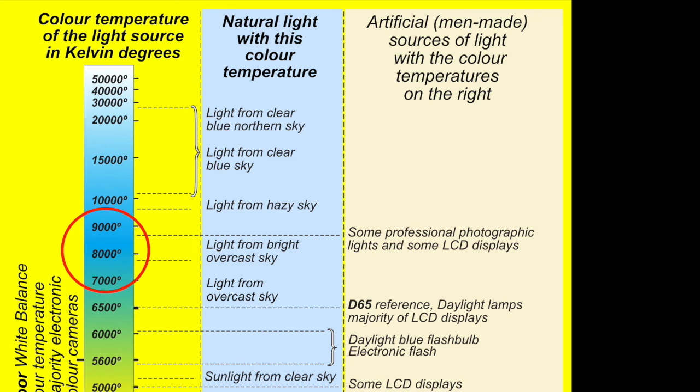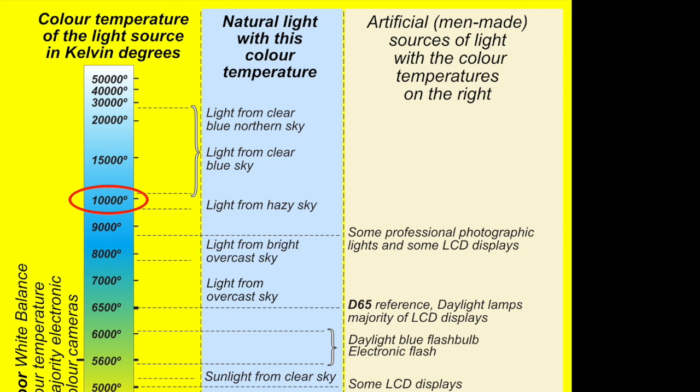Some professional photographic lights may have color temperatures of nearly 9000 Kelvin degrees, and also some professional monitors for specific video editing or calibrated instances can have about 9000 Kelvin degrees. This is about the highest that a human-made source of light can have. And then in nature, about 10,000 Kelvin degrees is light from hazy sky.